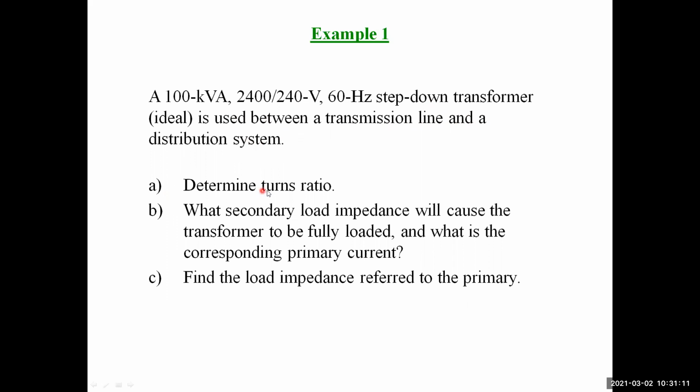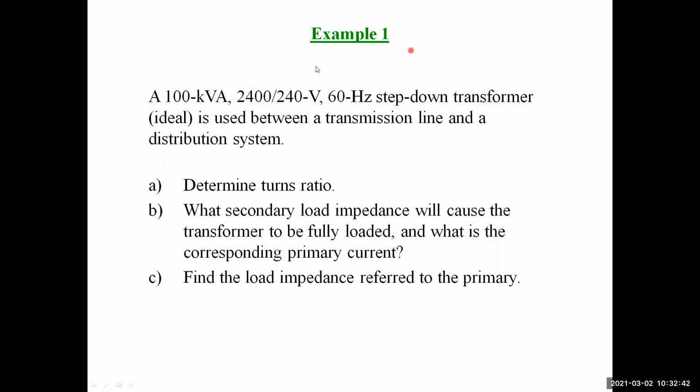First question, determine the turns ratio. Second, what secondary load impedance will cause the transformer to be fully loaded, and what is the corresponding primary current? Third, find the load impedance referred to the primary. The distribution voltage is 240 and the transmission voltage is 2400, 2.4 kV for this problem.